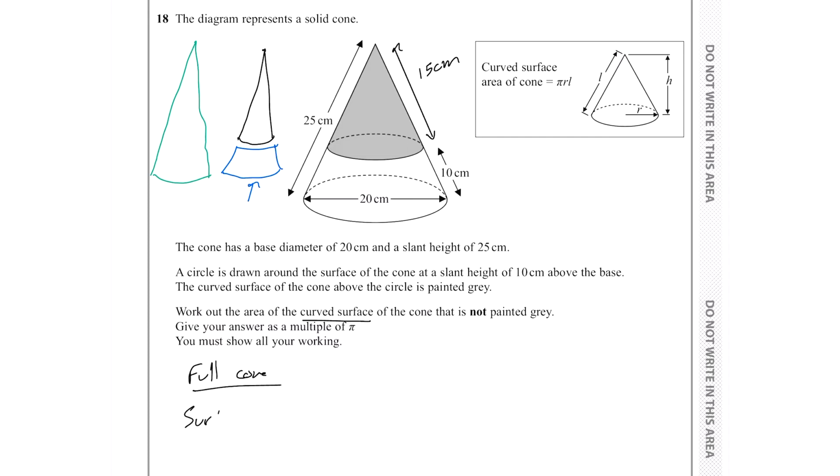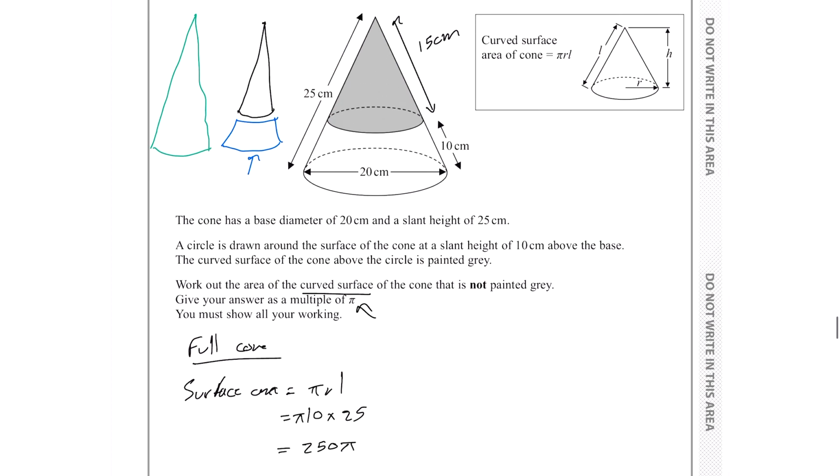So the surface area is equal to pi RL. We know the diameter is 20, so the radius is going to be 10. So that's going to be pi times 10 times length, which is 25, which is 250 pi. Also, the question says give your answer as a multiple of pi, so we're going to leave that there.